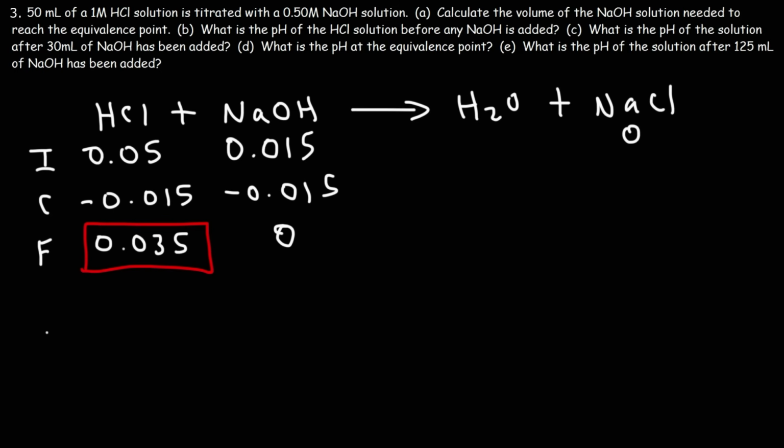So now let's calculate the concentration of HCl that we have. So it's 0.035 moles. And then we need to divide this by the total volume. So we had 50 milliliters of the acid solution, 30 milliliters of the base solution, so that's 80 milliliters. If we convert 80 milliliters to liters by dividing it by 1,000, that's going to be 0.08 liters.